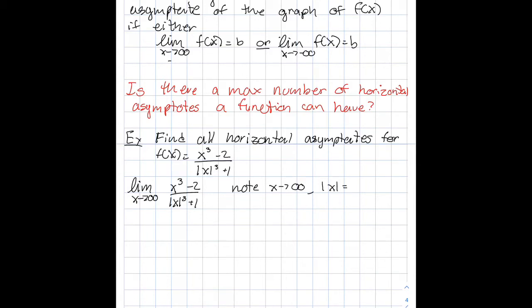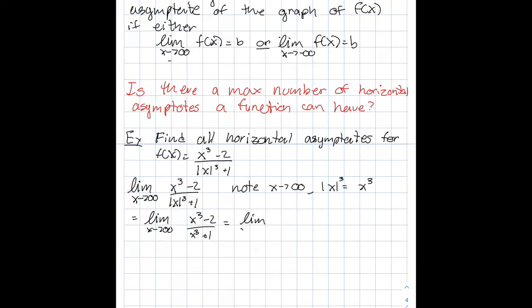So the absolute value of x cubed is just going to equal x cubed because they're already positive numbers. So we can see that this limit as x approaches infinity of x cubed minus 2 over the absolute value of x cubed is just x cubed, and then that plus 1 doesn't change. All right, we'll do our same spiel as before.